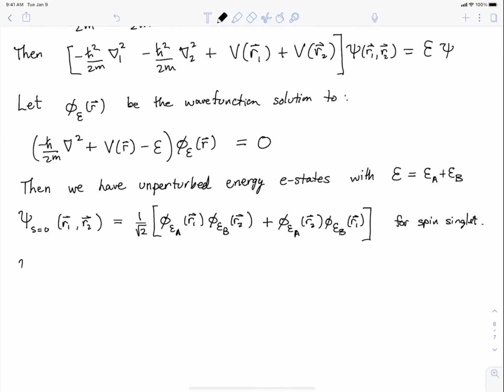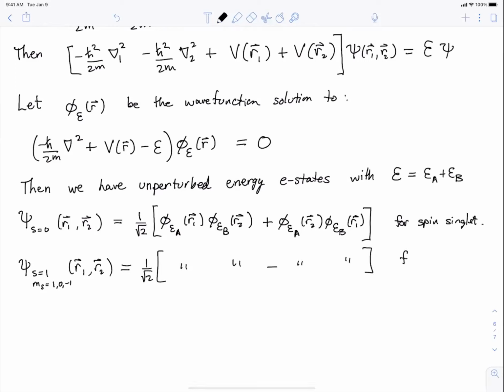But I could also have the spin 1, and so this has 3 different values of m sub s. In all cases, this thing is a solution. And I just do the exact same thing, but I put a minus sign.